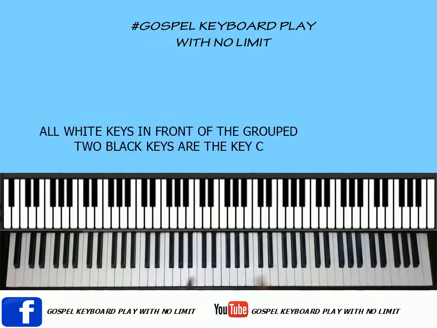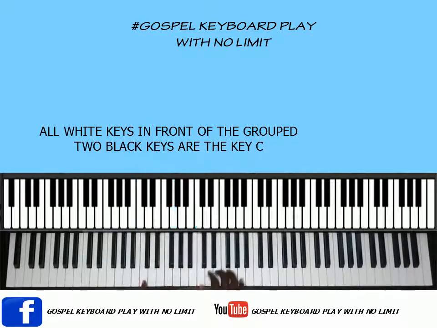If we want to identify key C on the keyboard, look at every 2 black keys: the white key in front of the 2 black keys is C. So here is C, here is C, here is C, here is C. Every white key in front of the 2 black keys is C. So we can easily identify C.